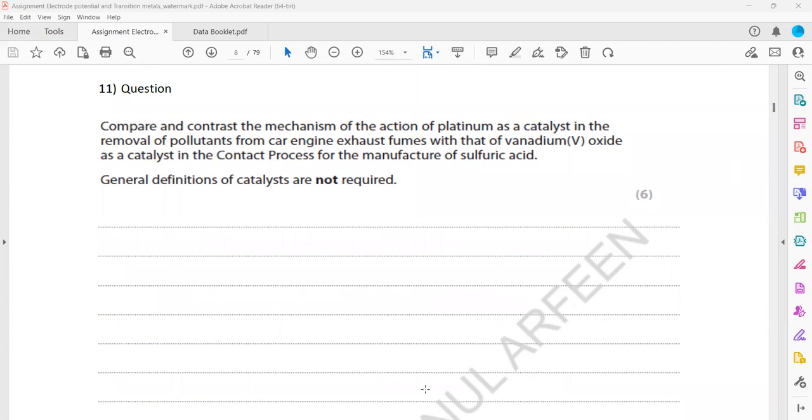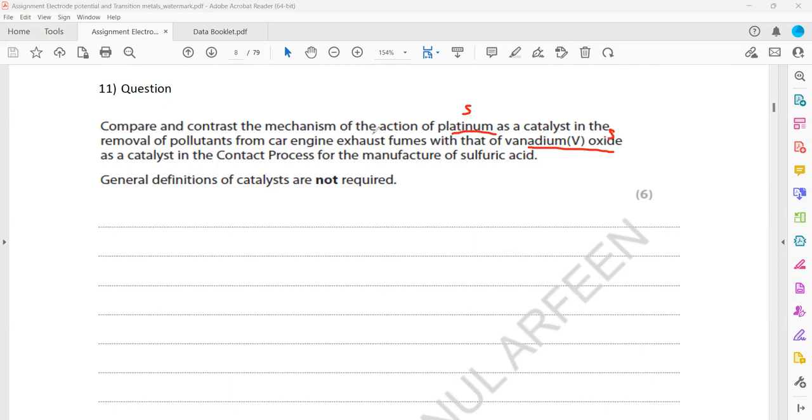First, the type of the catalyst, because a catalyst can be homogeneous or heterogeneous. If it's a homogeneous catalyst, it means it should have the same state as the reactant. But when we are using platinum in a catalytic converter, or vanadium pentoxide in the contact process, vanadium pentoxide and platinum are both solid, but the reactants here, for example nitrogen monoxide and carbon monoxide, are gases.